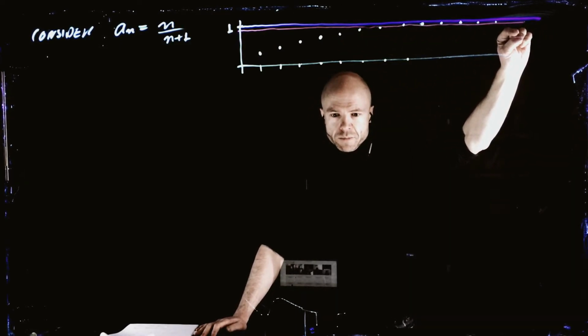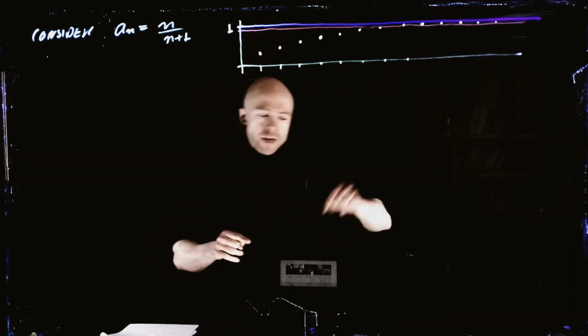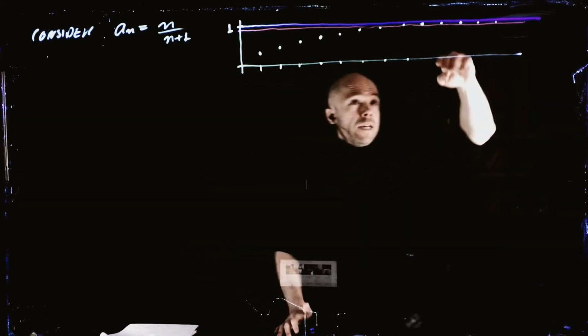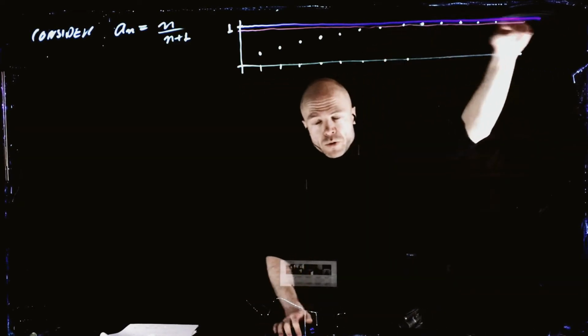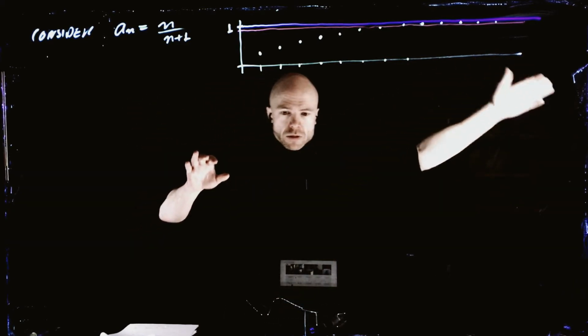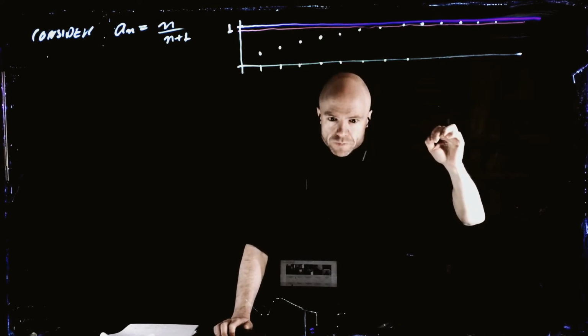But if we took a number even closer to 1, if we took 0.99999, it's still the case that ultimately all of these points of the sequence will be above that line. So this sequence has a very particular behavior. As we're going towards infinity, the sequence is getting closer and closer to a particular value.